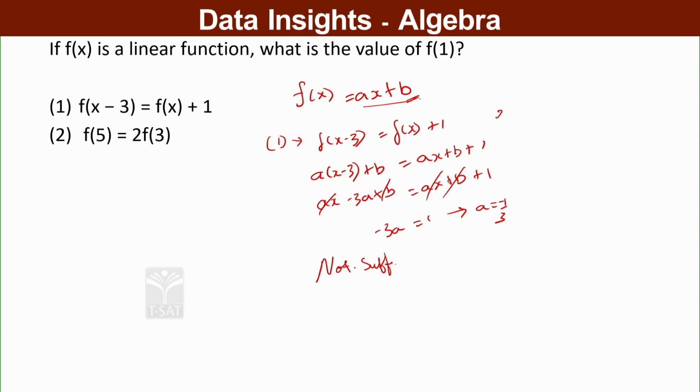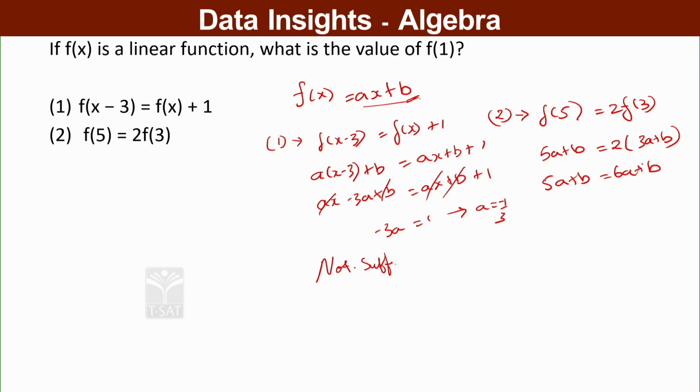Now let's see what statement 2 says. Statement 2 says f of 5 equals 2 times f of 3. So f of 5 will be 5a plus b, and f of 3 will be 3a plus b. So we have 5a plus b equals 6a plus 2b, when you multiply 2 inside the bracket.